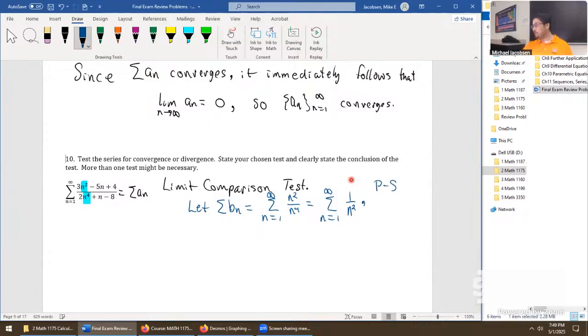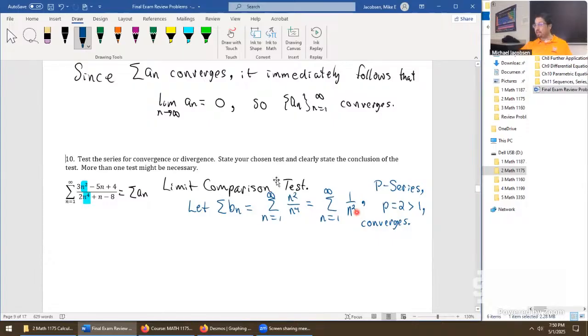We just say what it is. It's a p-series. That automatically means you're using the p-series test. So you can either say that or p-series test. You have to tell me what the power is, so I know that you know what the power is going to be on this. It's at power 2, and this is the condition for convergence, greater than 1. We have to say what this conclusion is, so we just say converges.